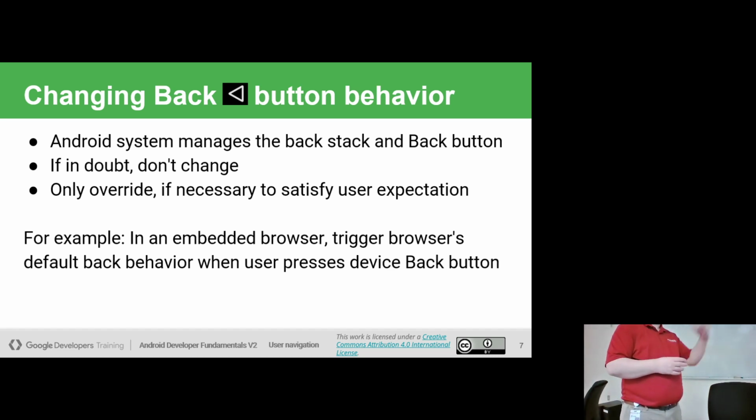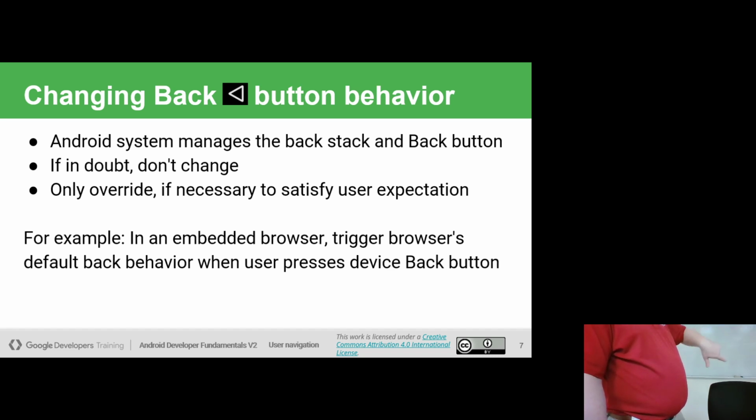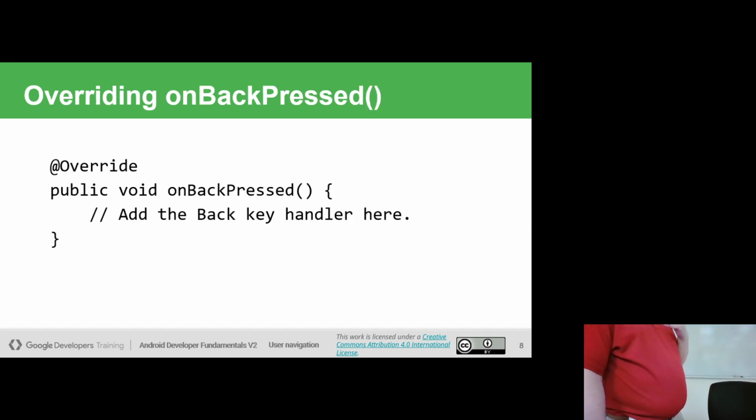If we have, say, an embedded browser, that would be a very common example where you would change the behavior so that if the user clicks on a link, it goes to the next page and then you come back instead of leaving the app, which would be the default behavior. That is, I hit back and it doesn't go back to the page I was on previously, but it actually leaves the app.